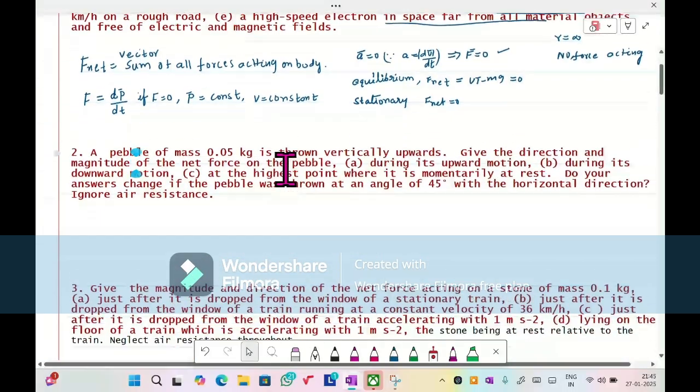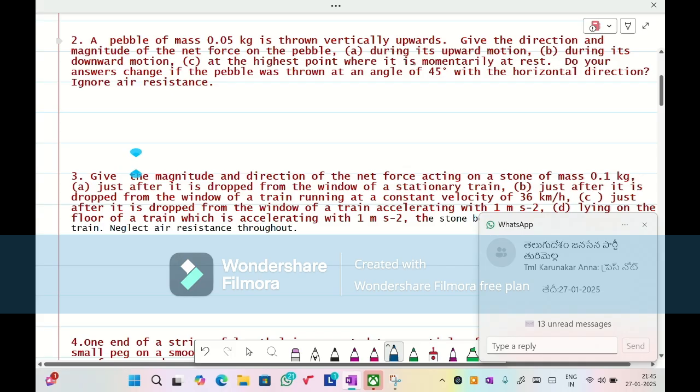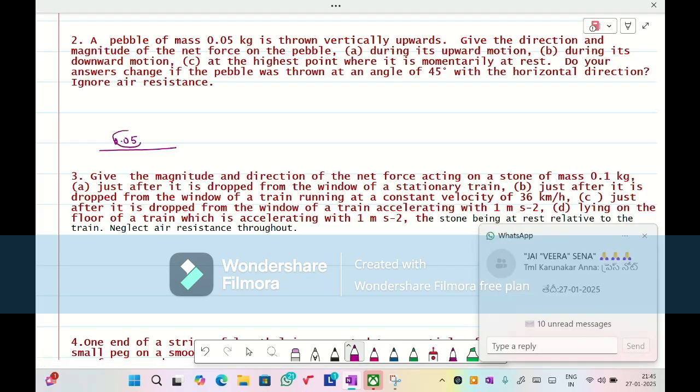So now the next question. A pebble of mass 0.05 kg is thrown vertically upwards. Pebble means a round shaped object.